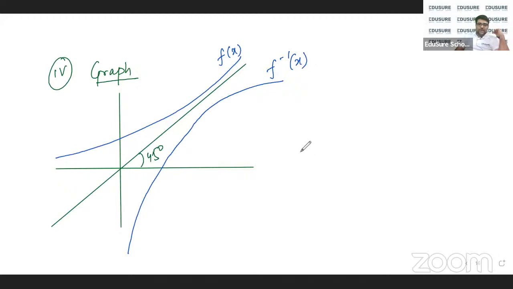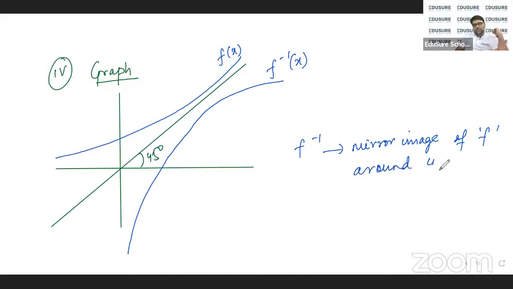F inverse is the mirror image of the function F around the 45-degree line. So if this is my F, F inverse is the mirror image of this, because X comma Y becomes Y comma X. So it is nothing but the mirror image.